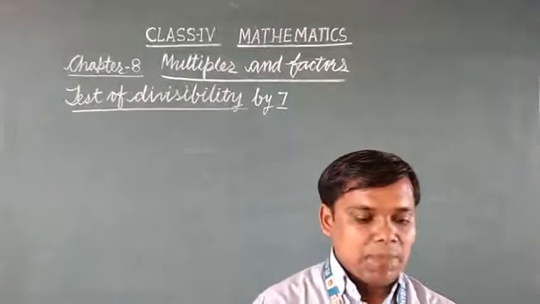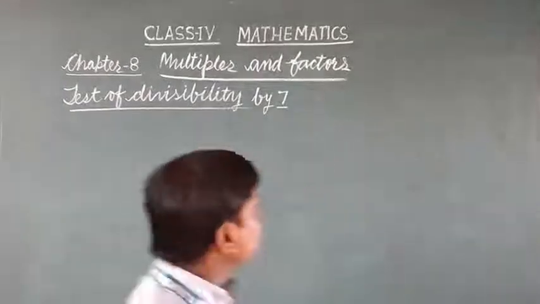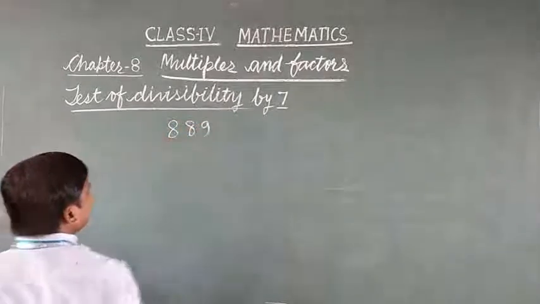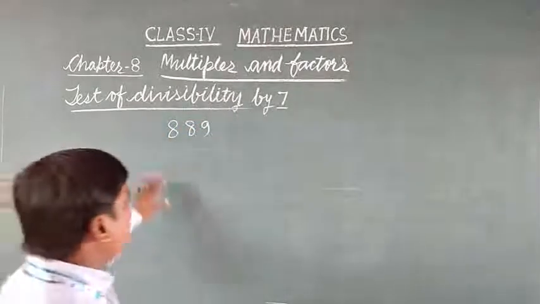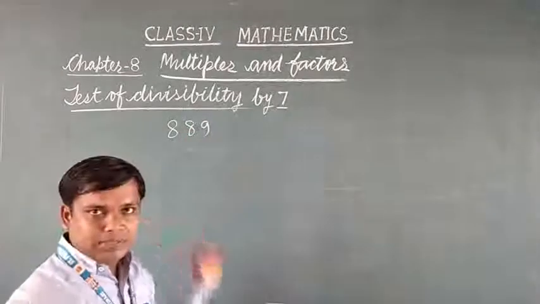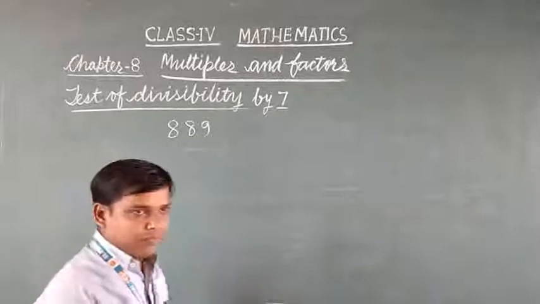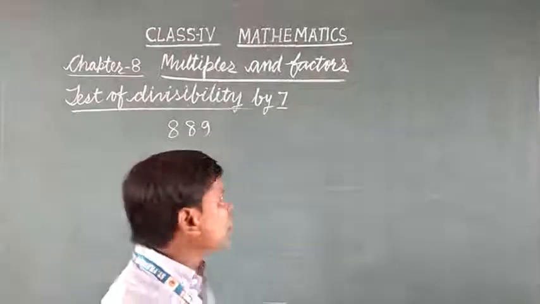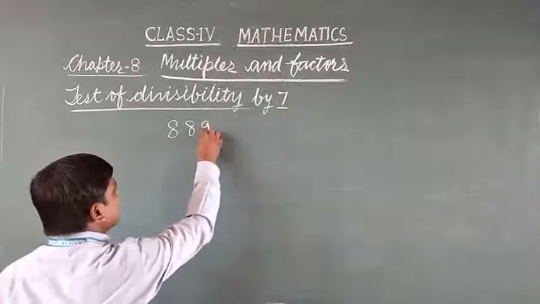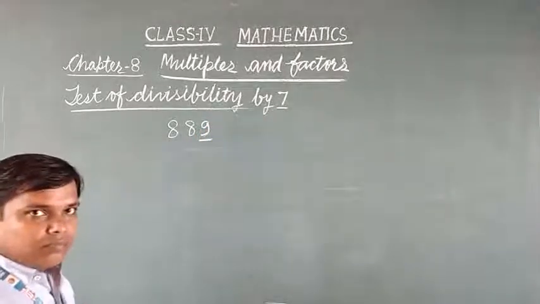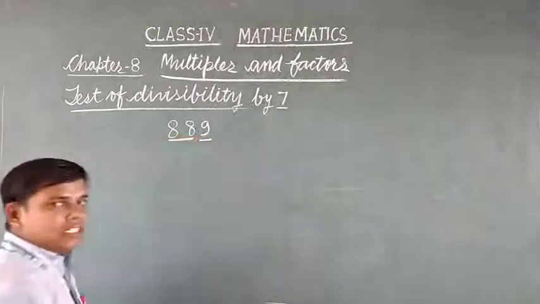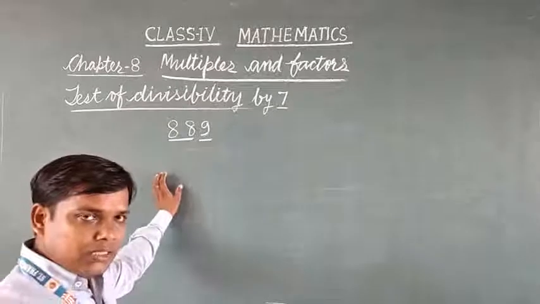For example, if we have number 889 and we want to check the test of divisibility of this number by 7 without actual division. So our method is that we will take the last digit, that is ones place digit of the number, and remaining digits altogether.